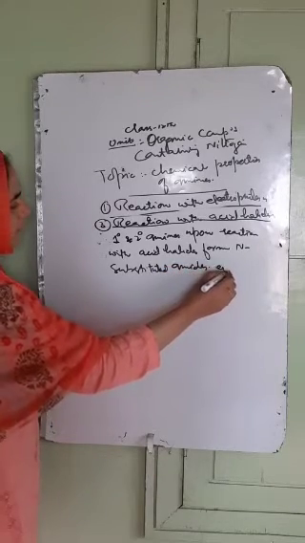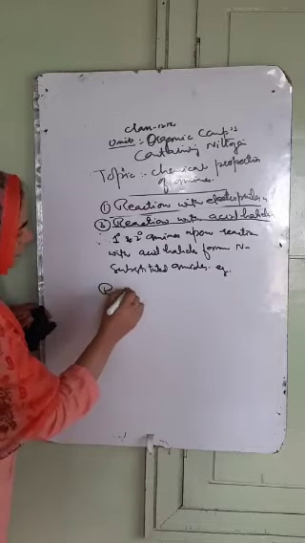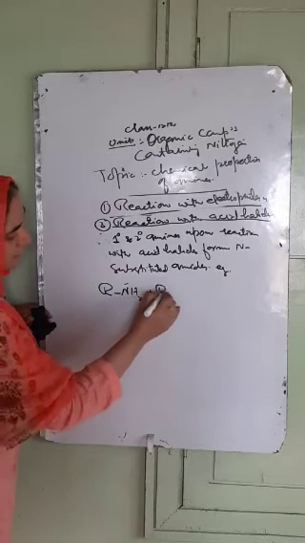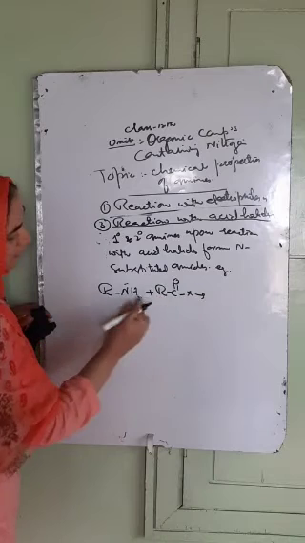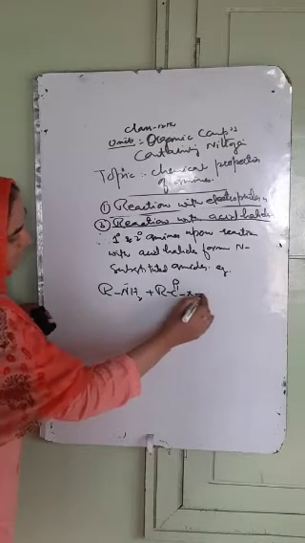For example, RNH2, ये है प्राइमरी अमाइन हमारे पास. It will react with RCOX. One hydrogen atom, it will come out with this X as HX.